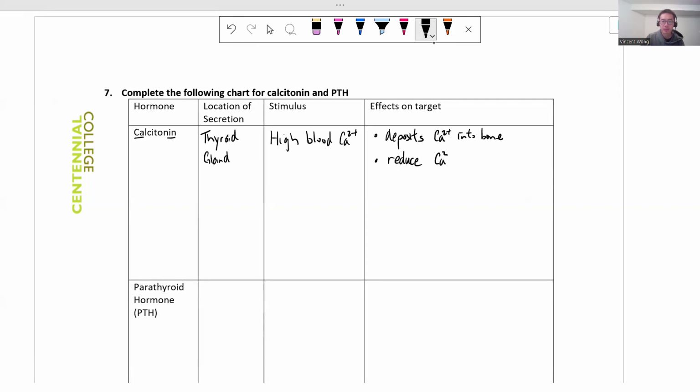Reduce calcium uptake in kidney. Okay, you're just going to pee out the excess. We don't need it. Let it go out. That's all.